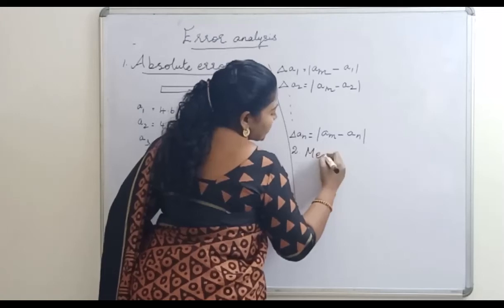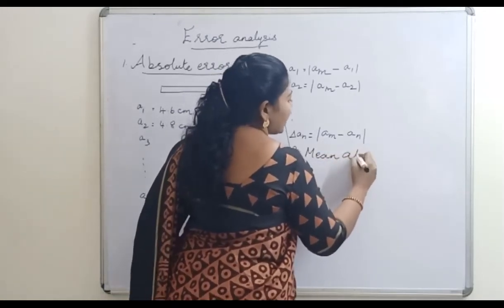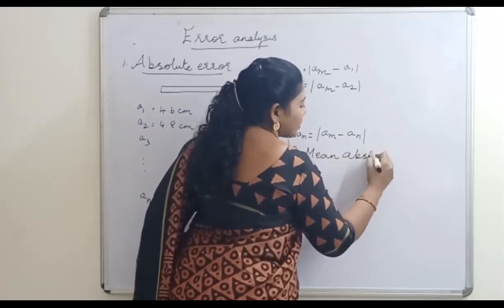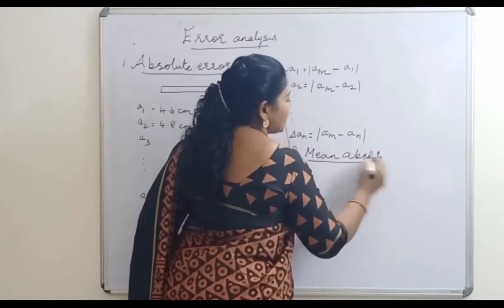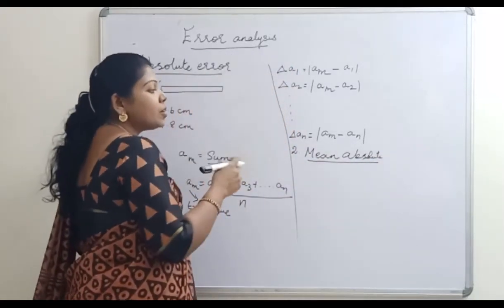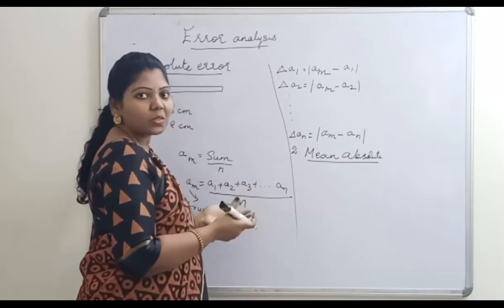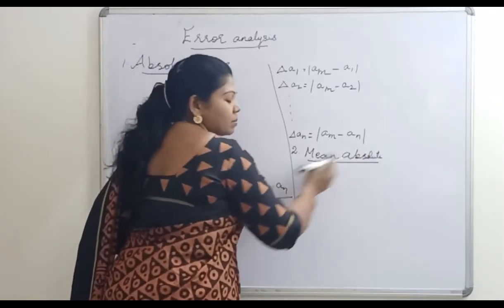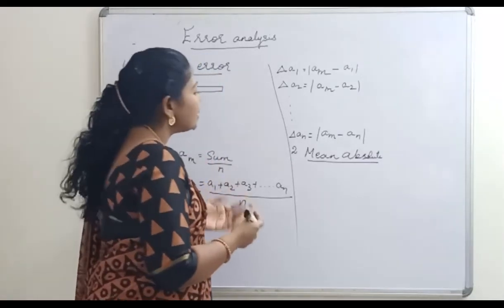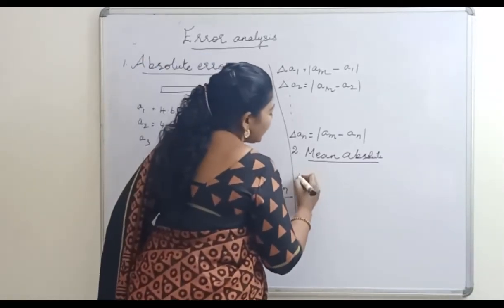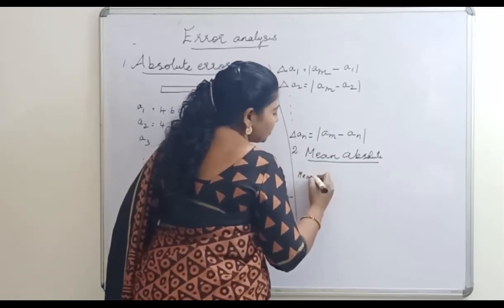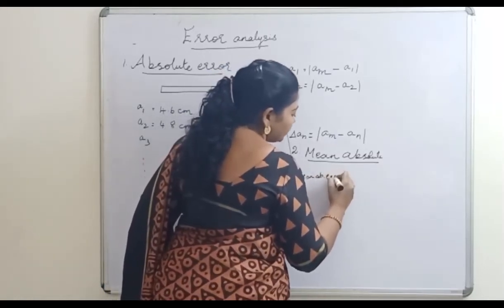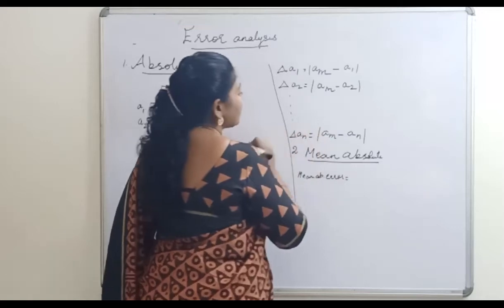The second one is mean absolute error. What is meant by mean absolute error? The mean of the absolute errors is called the mean absolute error. If we take the mean value of these absolute errors, we will get the mean absolute error. So mean absolute error is equal to the mean of these absolute errors.